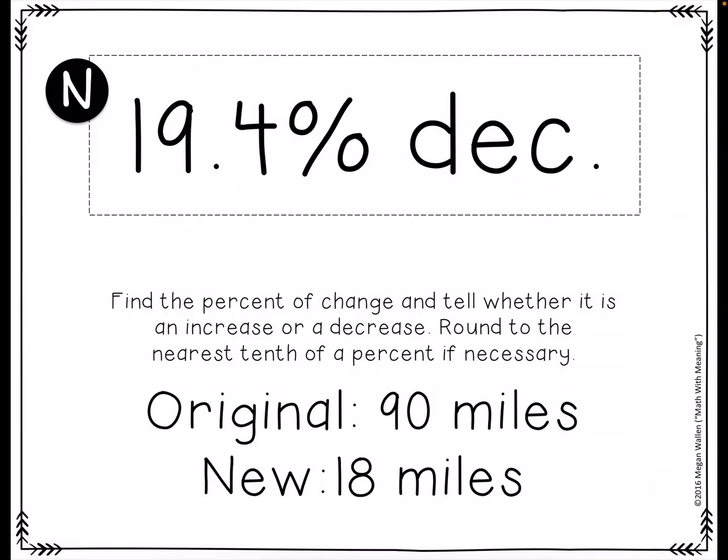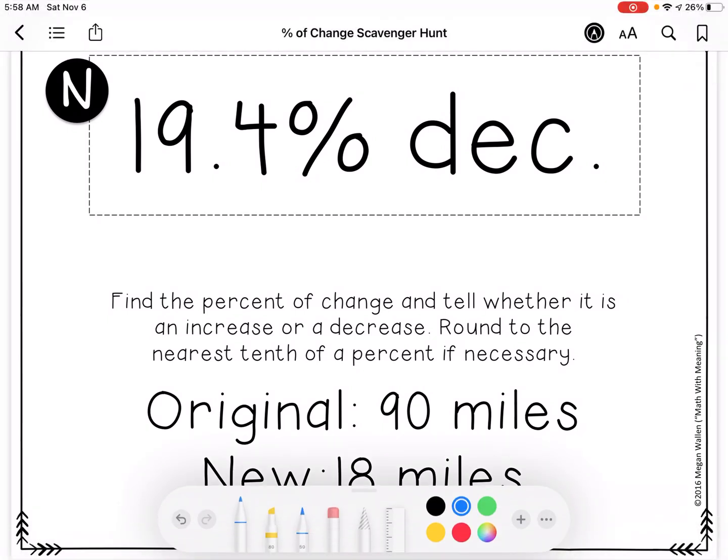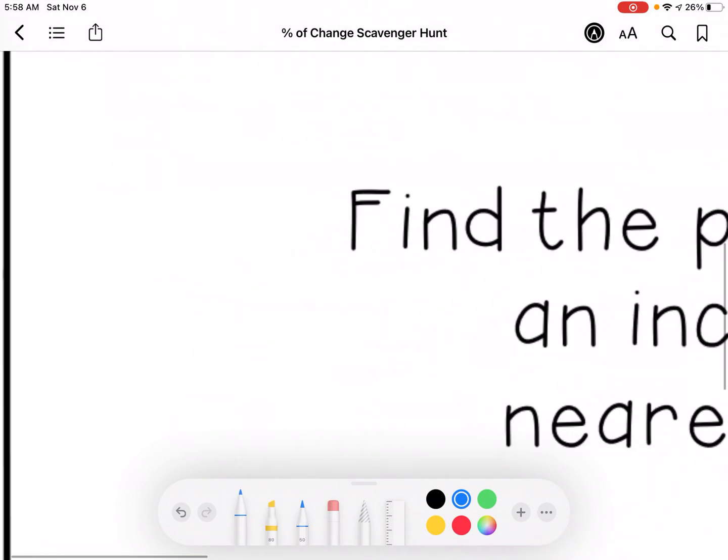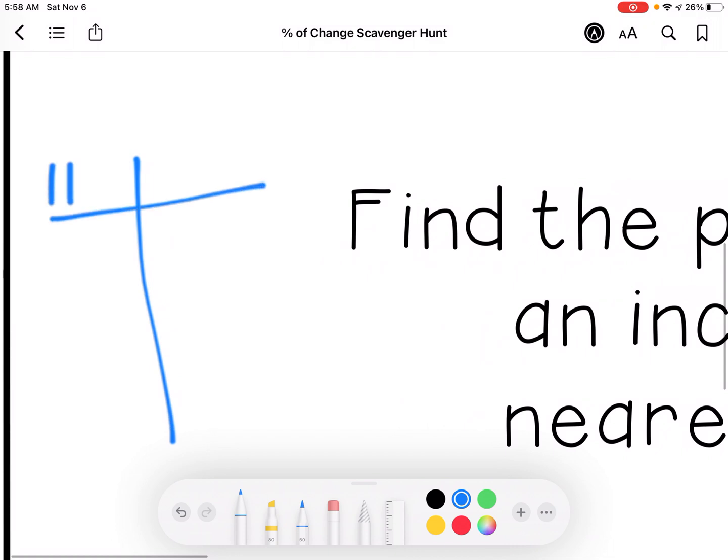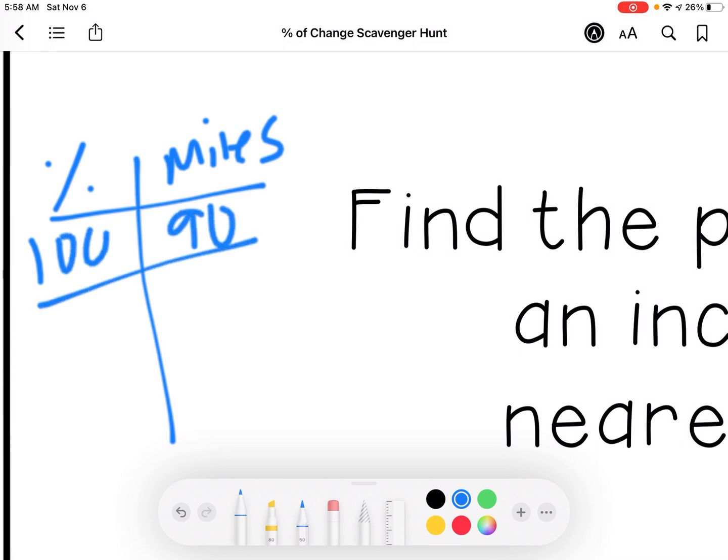All right, so we're going from 90 to 18 miles. So 90 minus 18 is 72.